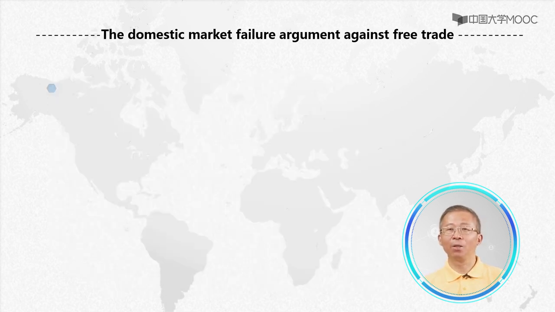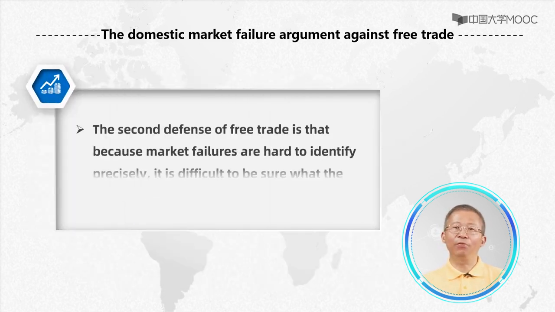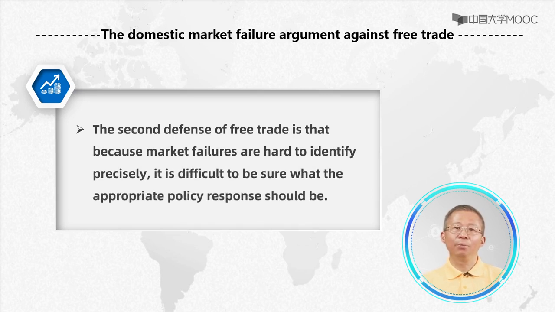The second defense of free trade is that because market failures are hard to identify precisely, it is difficult to be sure what the appropriate policy response should be. For example, suppose there is urban unemployment in a less developed country.